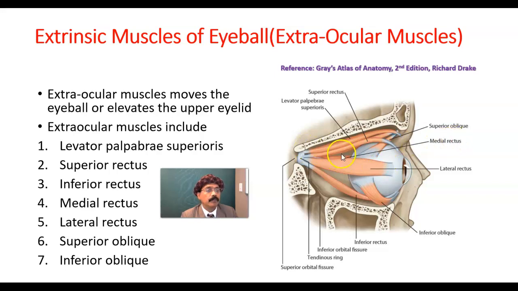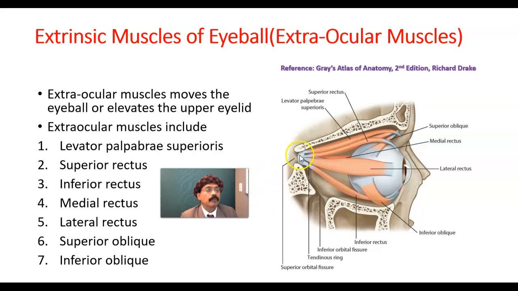This is the medial rectus muscle and this is the lateral rectus muscle. Then this is the superior oblique muscle, and we have the inferior oblique muscle.